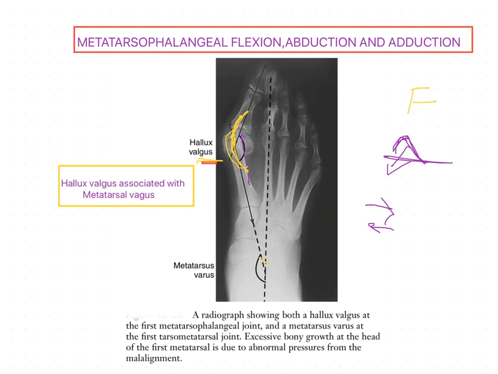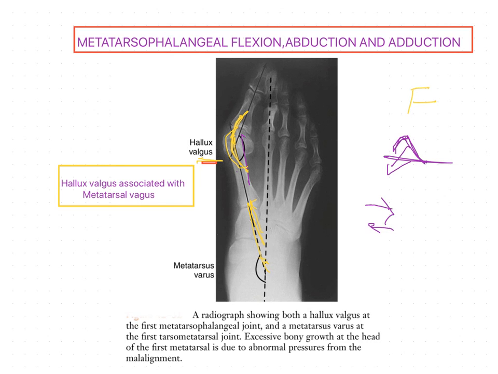At the tarsometatarsal joint, here we can find the tarsometatarsal joint angulation. So then it is known as metatarsus varus. Normally, excessive bone growth at the head of the first metatarsal is due to abnormal pressures from the malalignment, we can see.